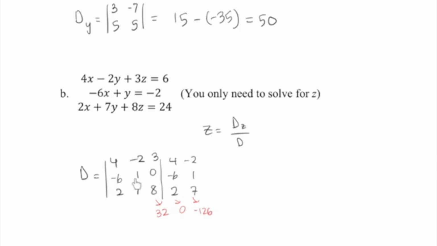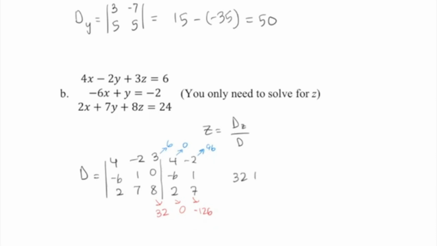Now we multiply all three of these diagonals going from the bottom left to the top right. So 2 times 1 times 3 is 6, 7 times 0 times 4 is 0, and 8 times negative 6 times negative 2 is 96. Now, these numbers add, remember, and these numbers subtract.